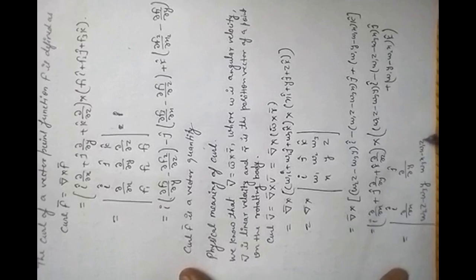So we can write as the determinant of i del upon del x (omega 2 z minus omega 3 y), j del upon del y (omega 3 x minus omega 1 z), k del upon del z (omega 1 y minus omega 2 x).